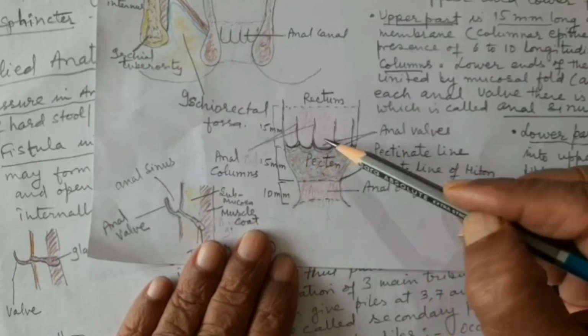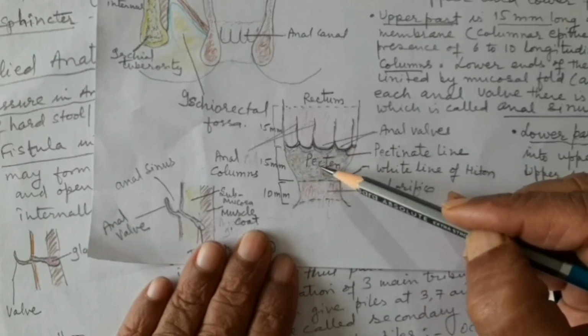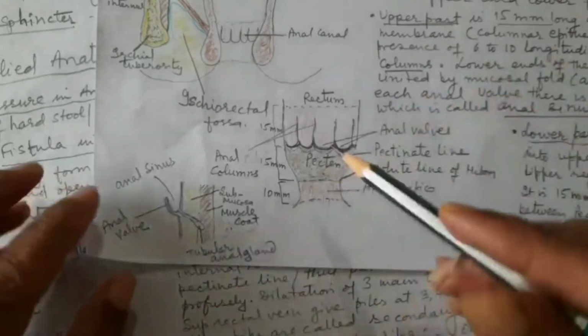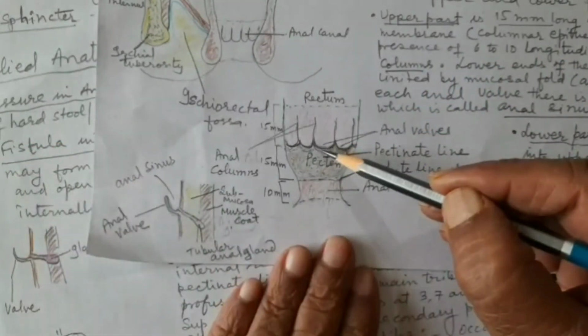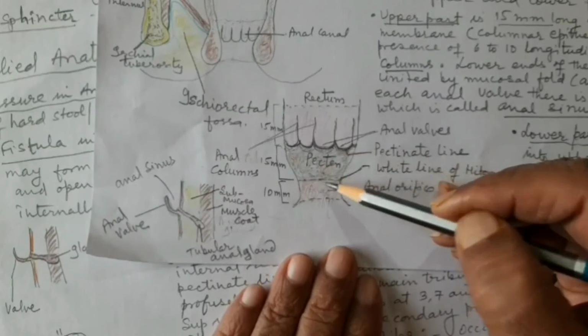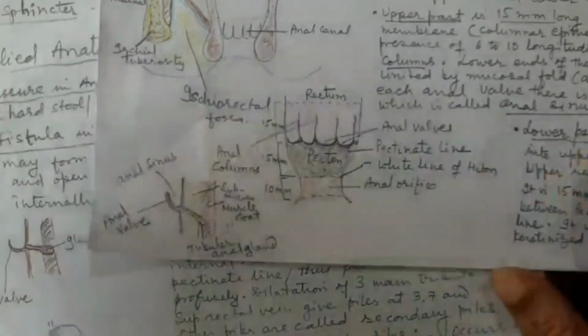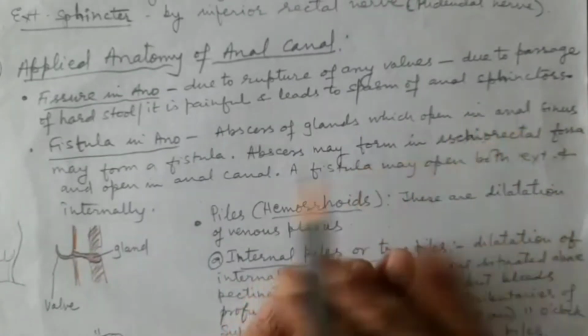The tear goes right up to the pecten part and lower part because the pectinate line, the anal valves and the anal sinus are present at the junction. This anal fissure occurs due to constipation.